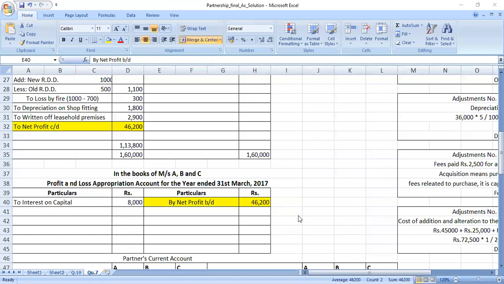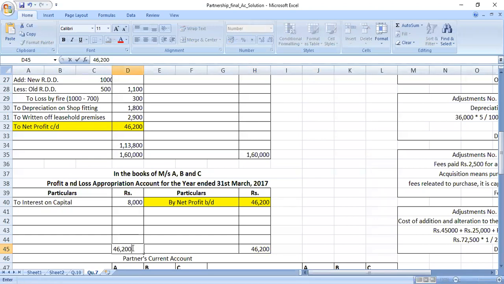Now, net profit is transferred to the partners' current account. Now, you have to close the partners' current account. The profit and loss appropriation account, you have to close first. So, 46,200 here, also 46,200.